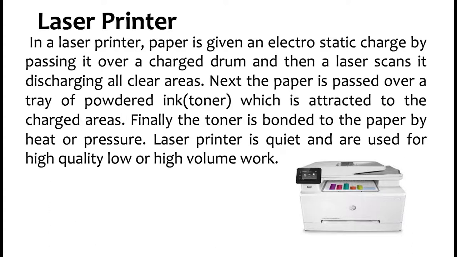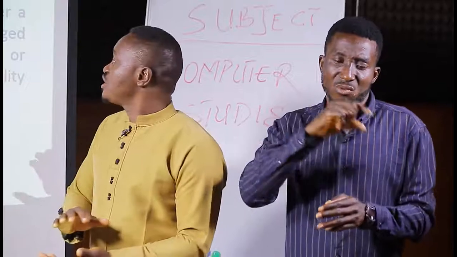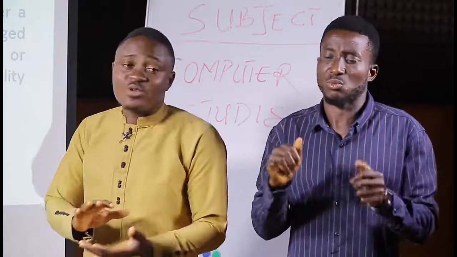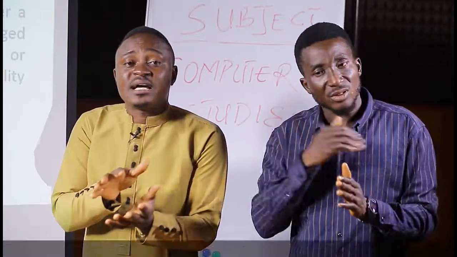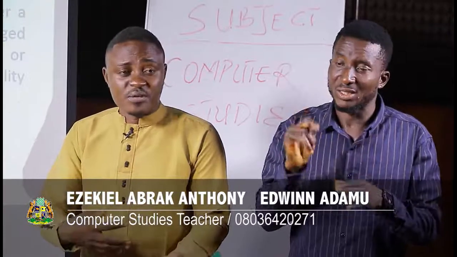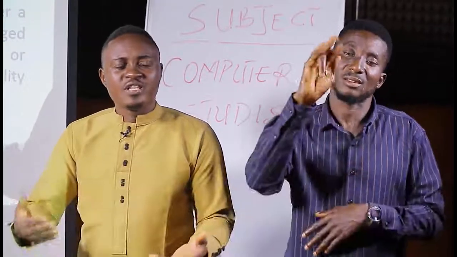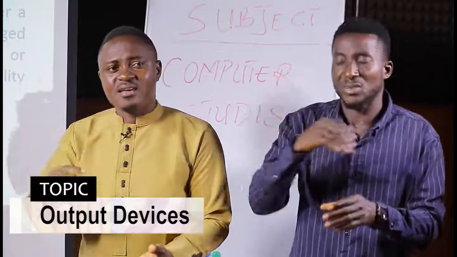And we could actually see that the laser printer is quiet and is used for high quality and high volume work. It comes with less noise, and it has what we call the toner. That's the ink, which could be refilled and could be used to do several or very high graphics.